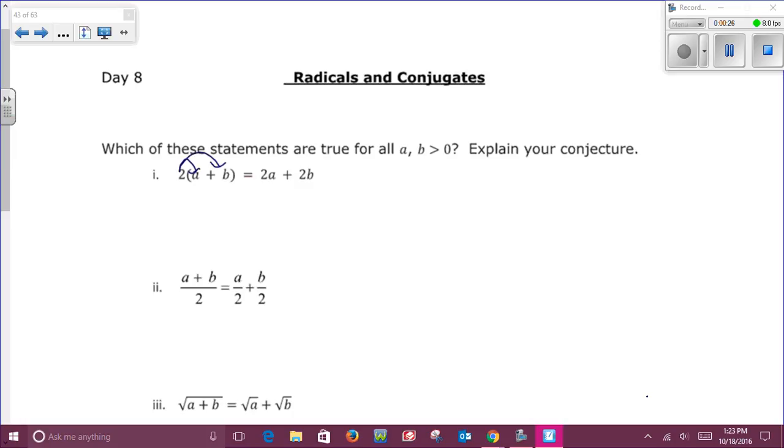The answer is yes, this is true. And that is because of the distributive property. Okay?